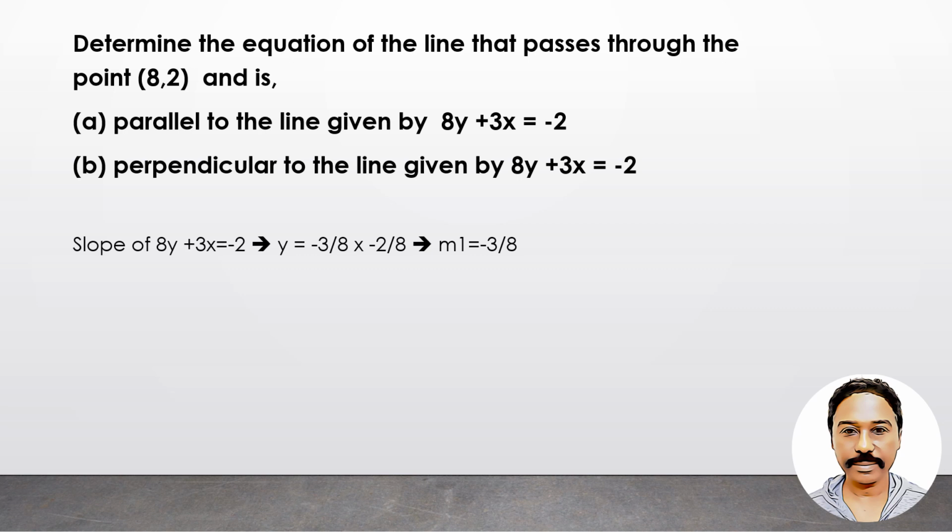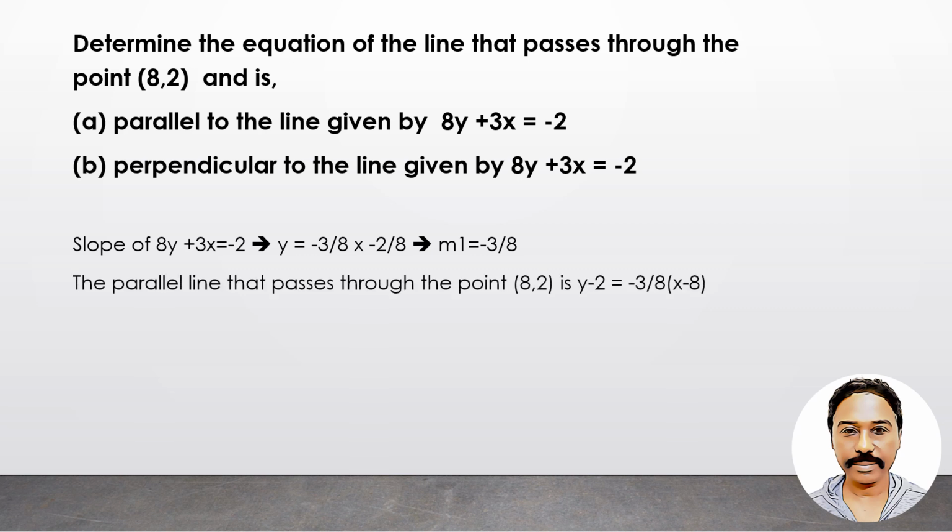So if the two lines are parallel, that means the line whose equation we'd like to find, which passes through the point (8, 2), must have a slope of minus 3 over 8. So we have the slope and we have one point. Then we can find the equation by applying the formula y equals mx plus a constant b.